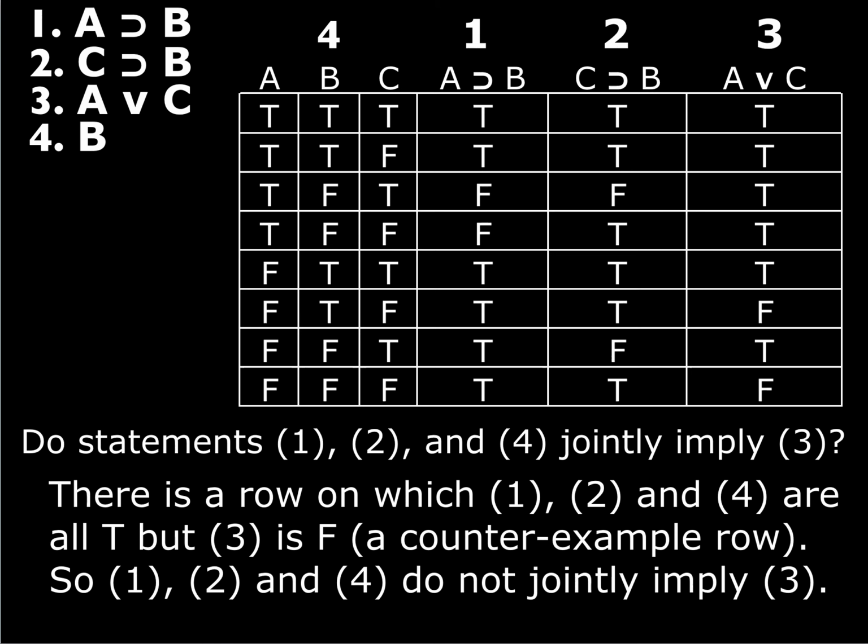Okay, so that's the end of the video here. Hopefully at this point you can construct a truth table for any statement or any set of statements. You can answer questions for a single statement, whether it's a tautology, contradiction, or contingency.